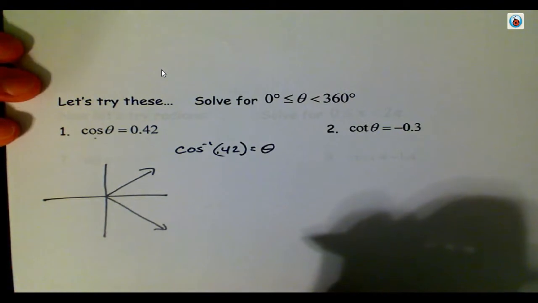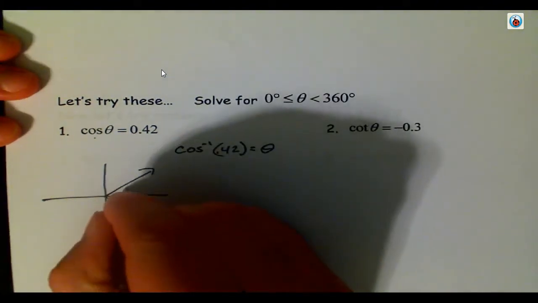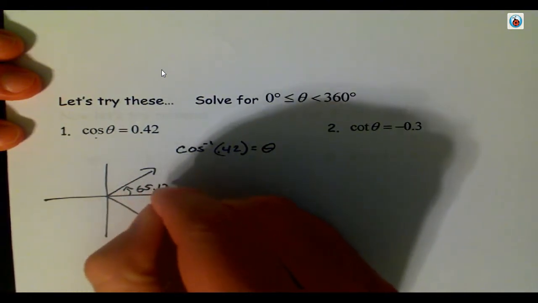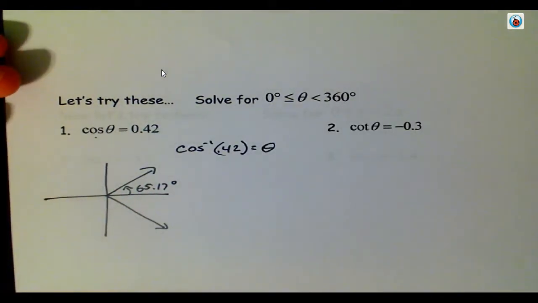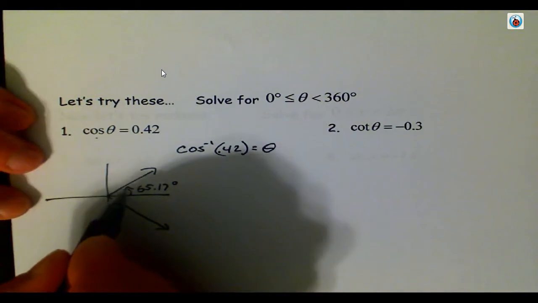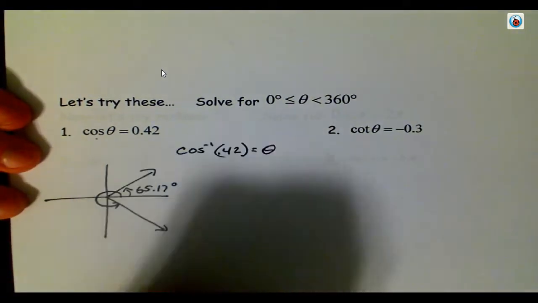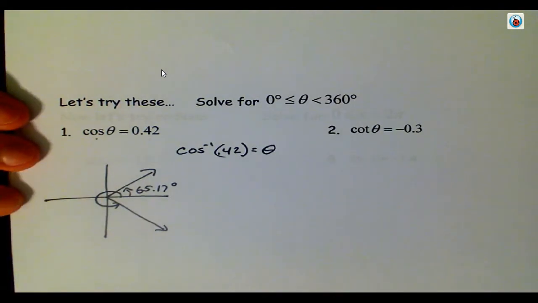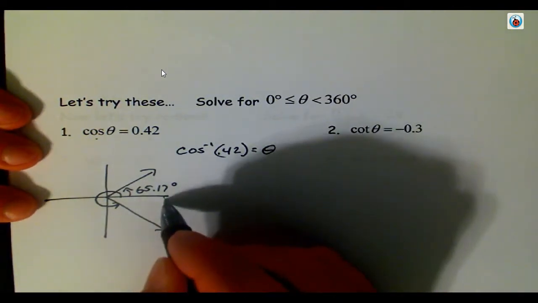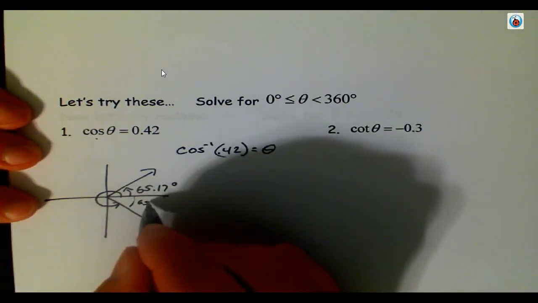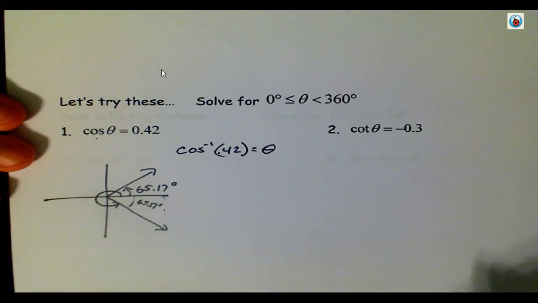Whenever I do this, I get 65.17 degrees. Now, that happens to be one of the angles that I need to find, this angle. I also need to find this angle, right? Well, I also know that these are reference angles, and that this angle right here is 65.17 degrees.